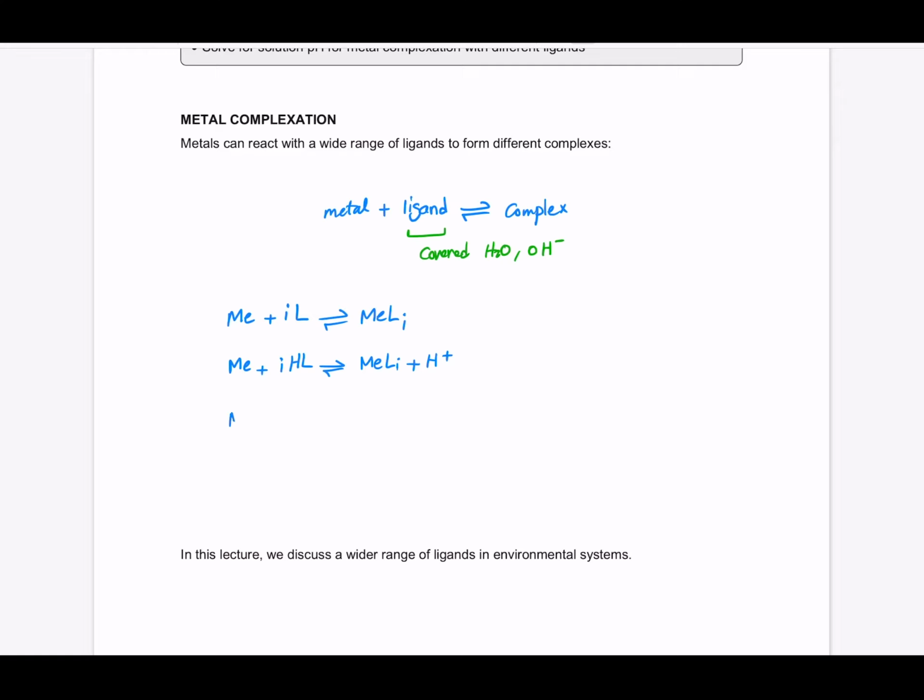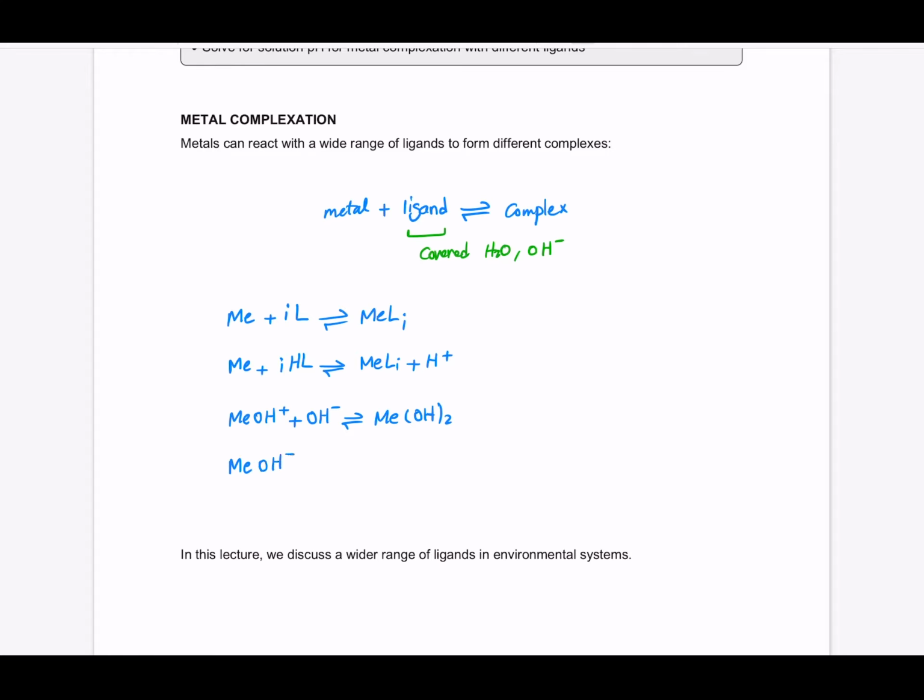So this could be, for example, M(OH) plus hydroxide as the ligand to form M(OH)2. Or the same thing could be written also as stepwise in the protonated version.